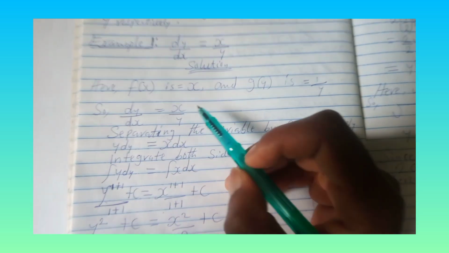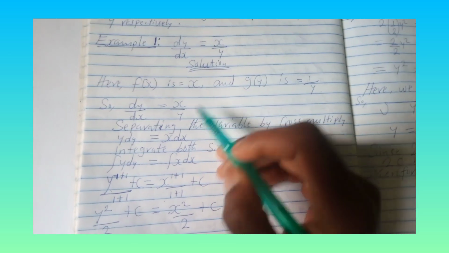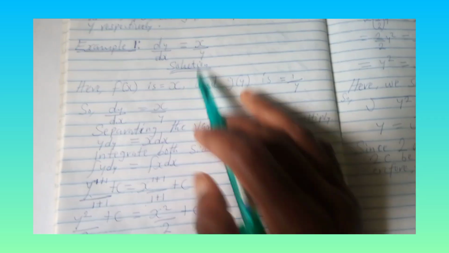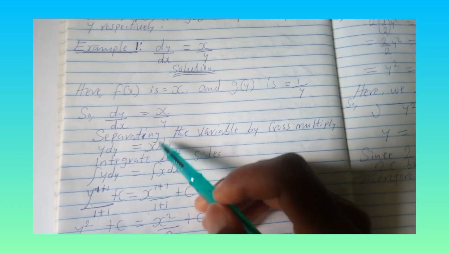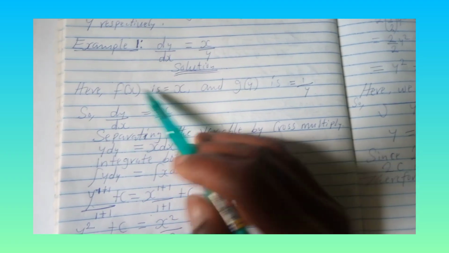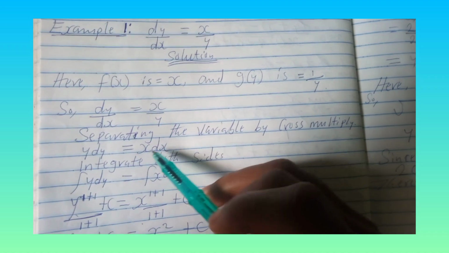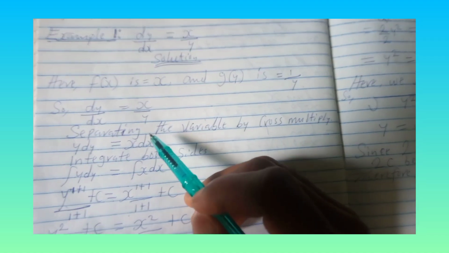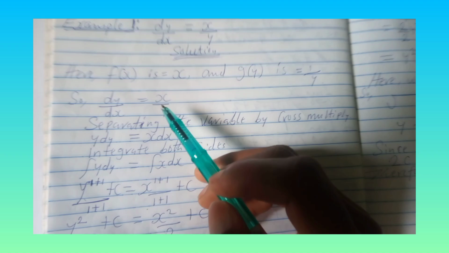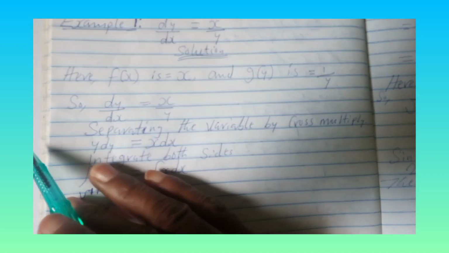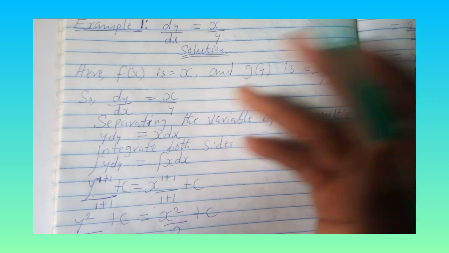Now let's look at this: dy/dx = x/y. This equation is not yet separated. You need to separate it for proper evaluation. To separate it, we cross multiply, keeping all the y terms on the left-hand side and all the x terms on the right-hand side.